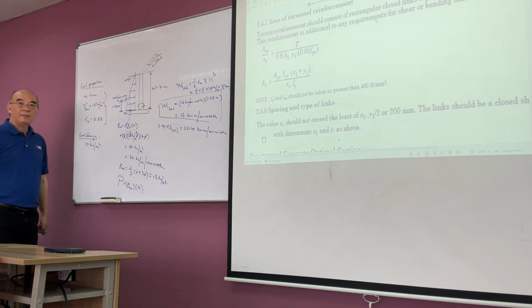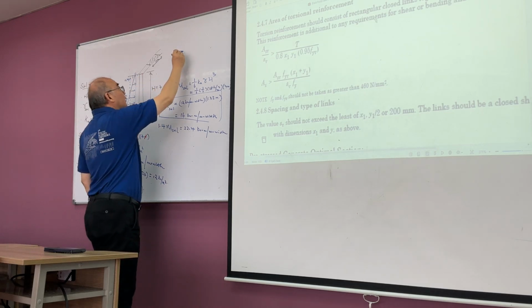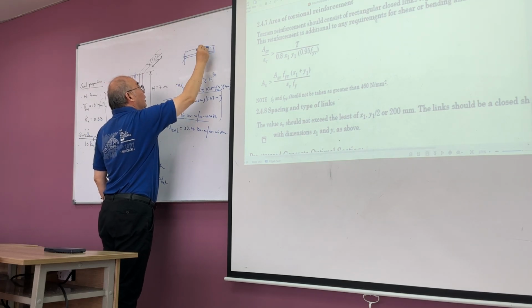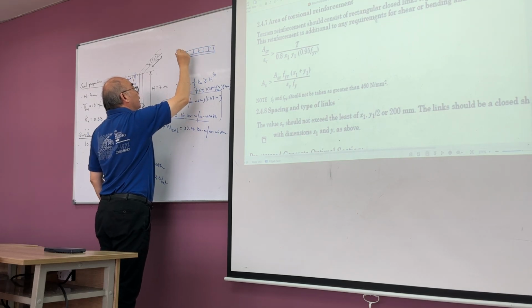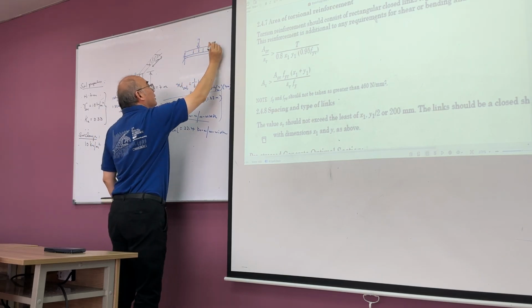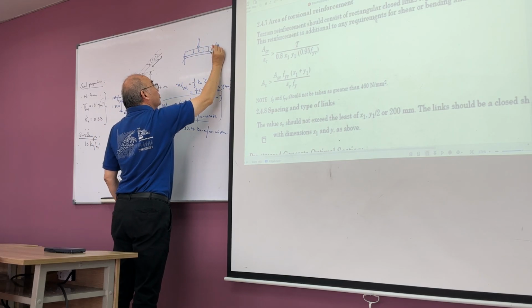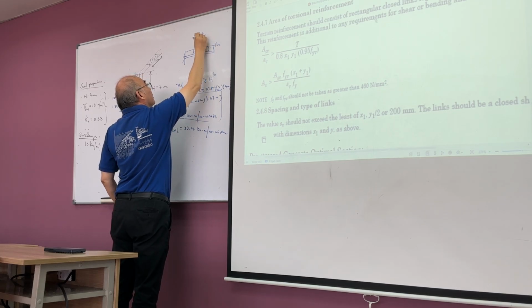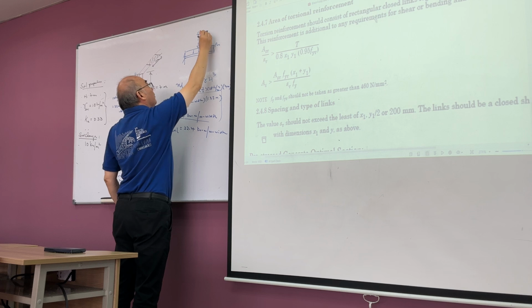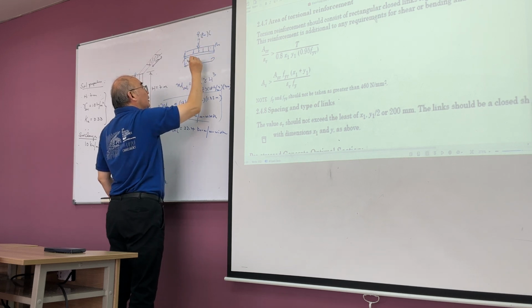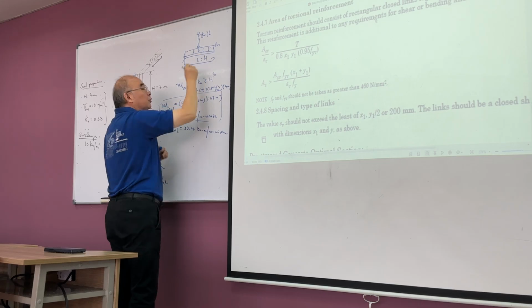Understand? Just now I said, let's say this is my average stress. So my force is my average stress, let's say P average. So this P must be equal to P average multiplied by this length. Length in this case is our H, right?